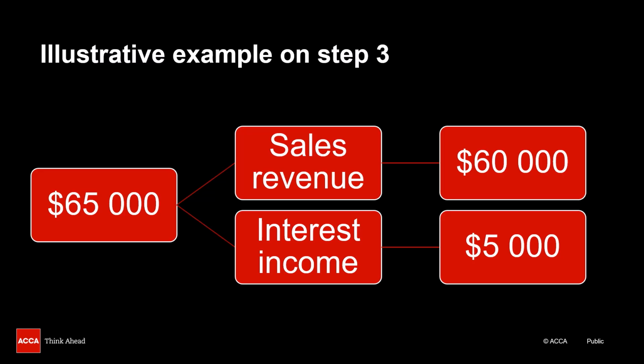The revenue from the sale of the desks would be the present value of the $65,000, which is $60,000, whilst the interest income would be the difference between these two amounts, amounting to $5,000. Remember, interest income would need to be recognized using the effective interest method.